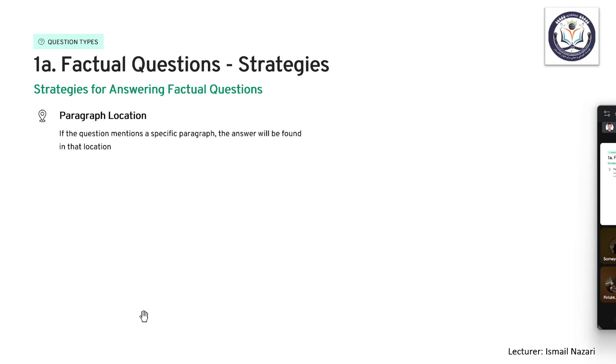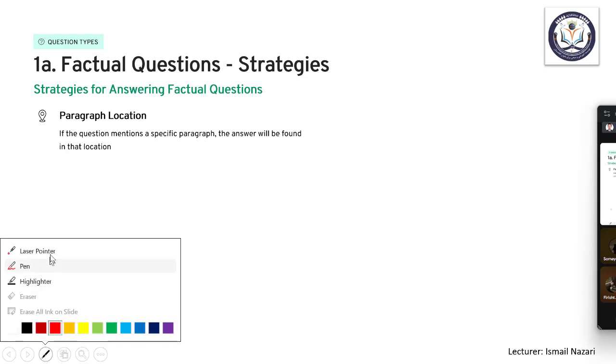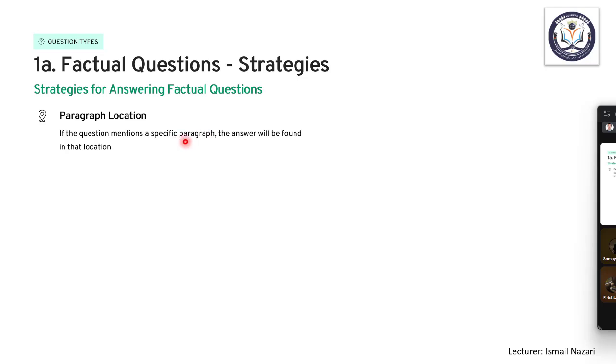In order to answer the factual questions successfully, first we have to find the paragraph location. Check out if the question mentions a specific paragraph.